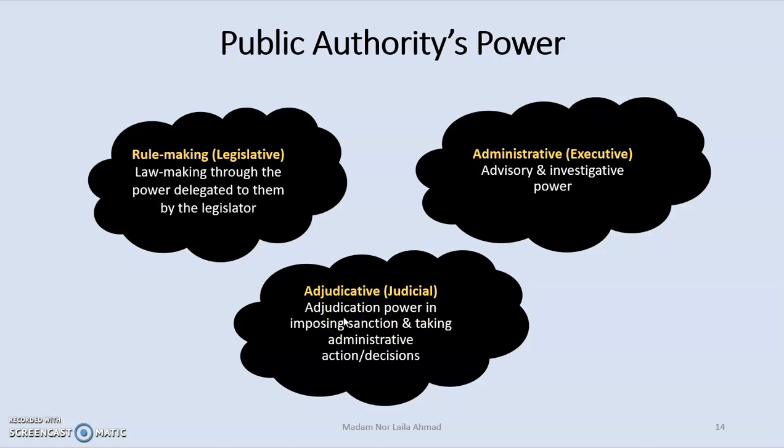So they can adjudicate, imposing sanctions and taking administrative actions or decisions. Previously I explained to you that, for one example, they can exercise a discretionary power by imposing a sanction, by imposing a punishment, for example, panels in the disciplinary board.